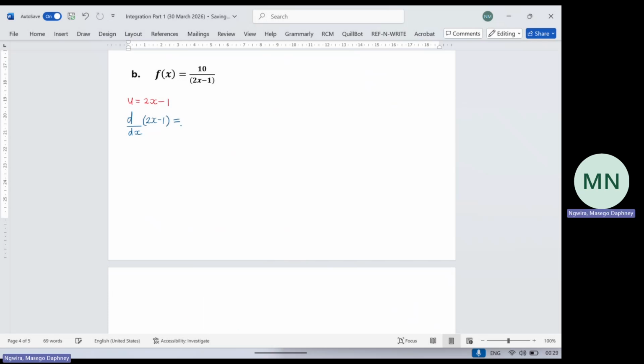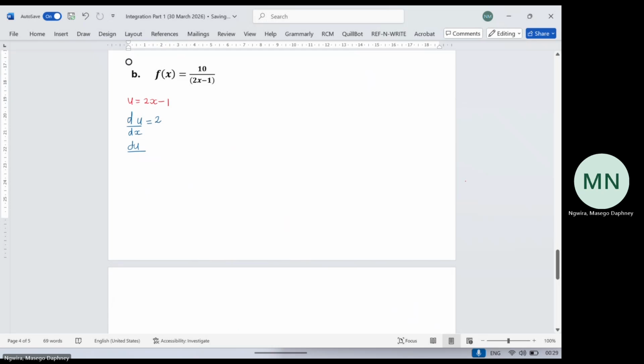The answer will be 2, because remember, 1 minus 1 is 0, so the answer is just 2. Okay, and then I said that you swap. So when we swap, we're going to have du over 2.